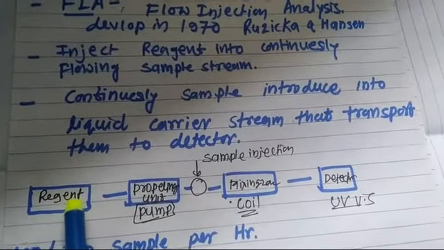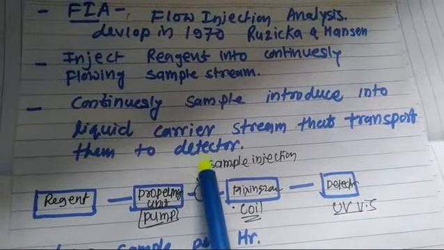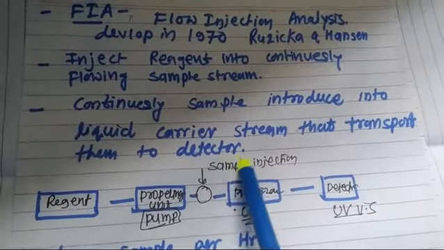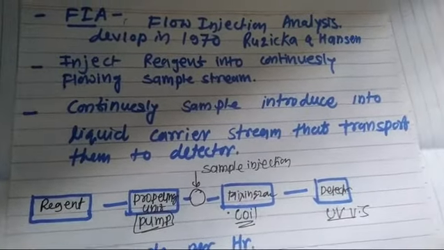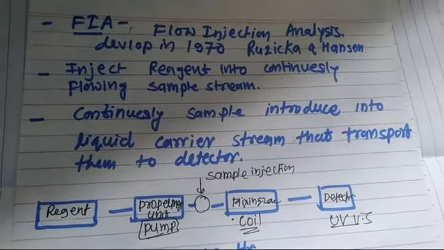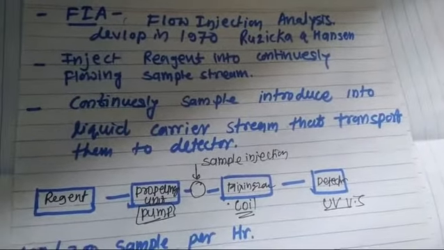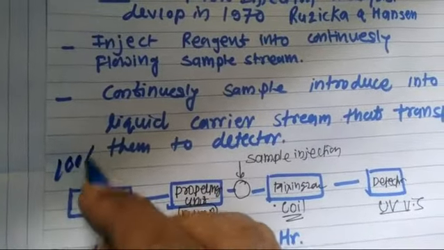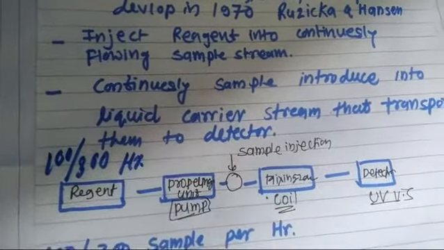In this system the reagent flows continuously, and at regular intervals of time the sample is inserted automatically. FIA has a higher analysis rate, 100 to 300 samples per hour.